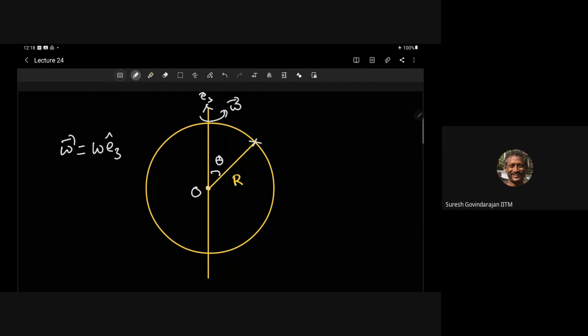So what is the relationship between latitude and theta? Let L be latitude. So theta is the latitude, right? No, because the equator is 0. Latitude is pi by 2 minus theta.